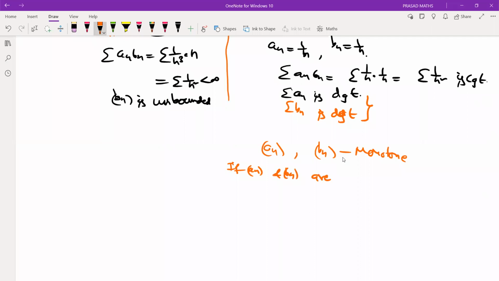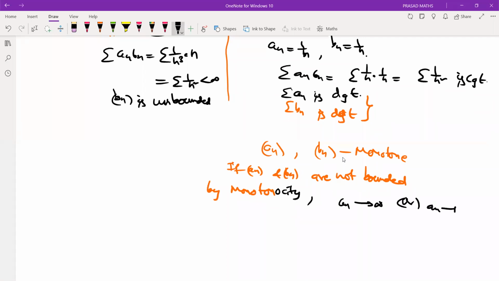Both are not bounded. So we get by monotonicity, what do you get? Either a_n diverges to plus infinity or a_n diverges to minus infinity, and b_n diverges to minus infinity or plus infinity.